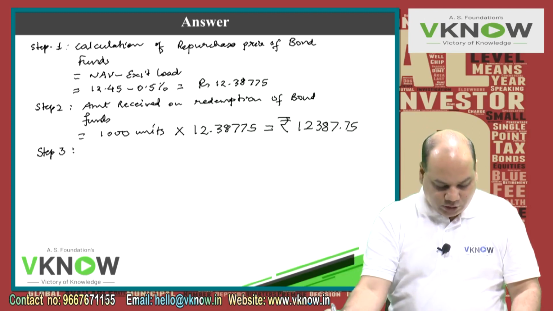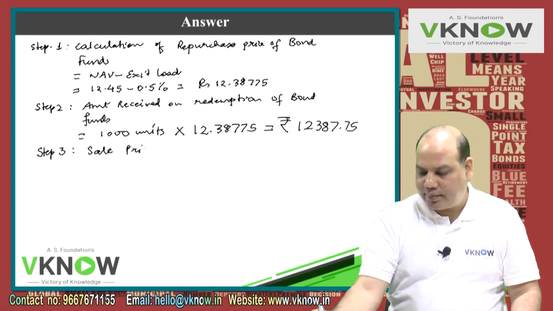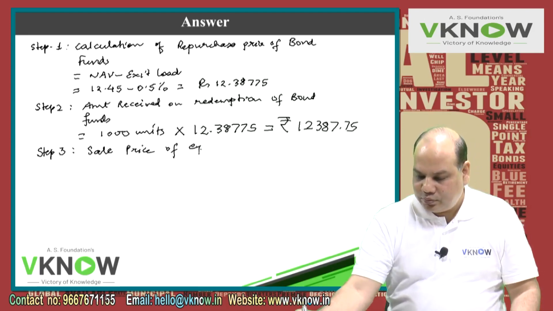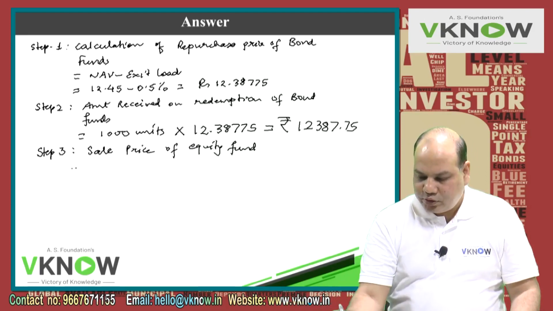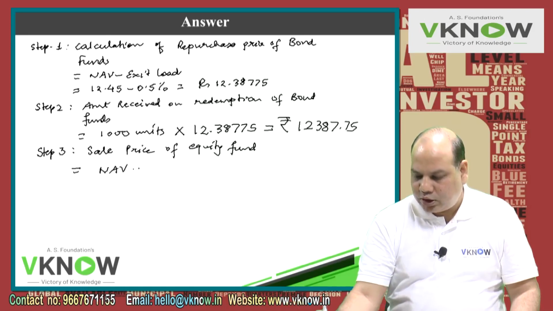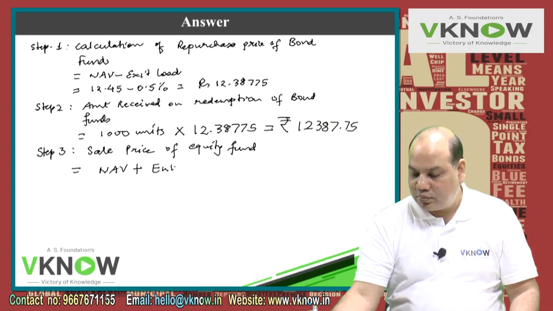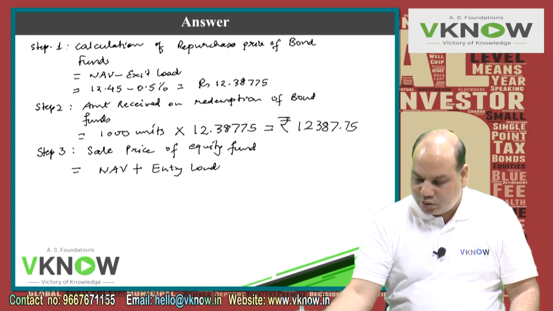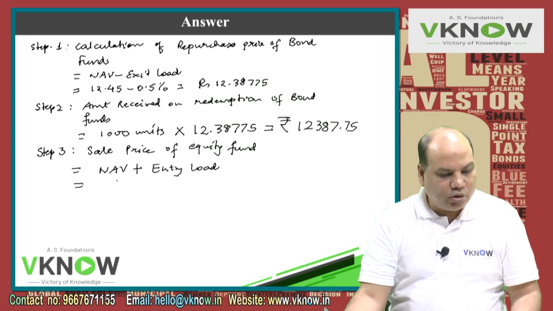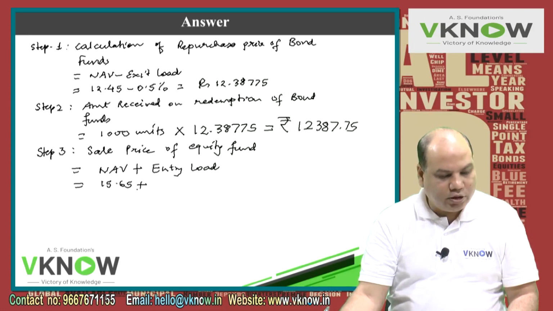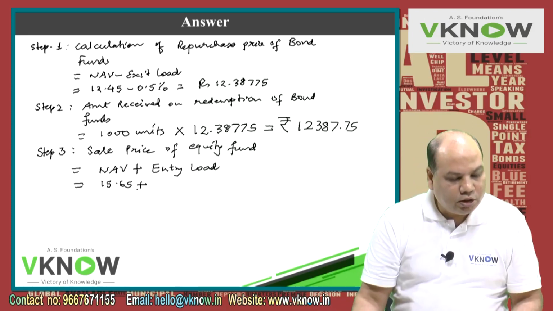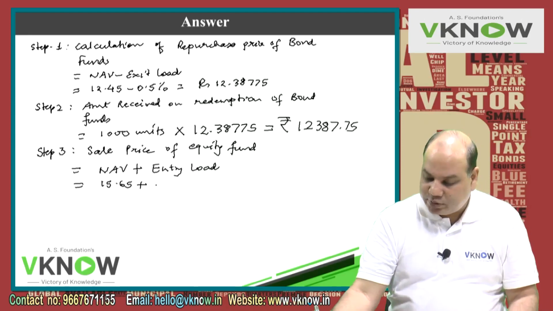Now what will be step 3? Step 3 will be sell price of equity funds is equal to NAV plus entry load. NAV of equity fund is how much? 15.65, and entry load is how much? 0.75%.